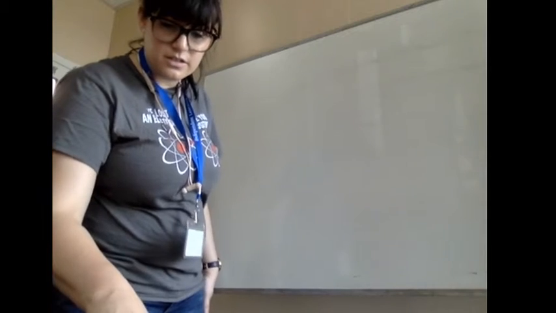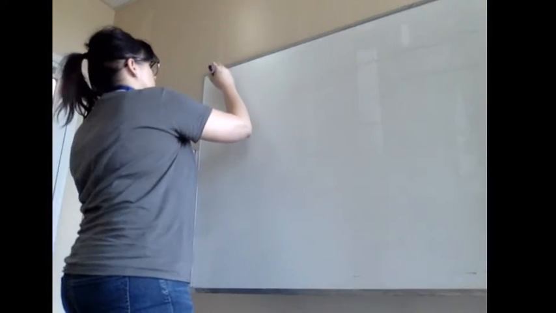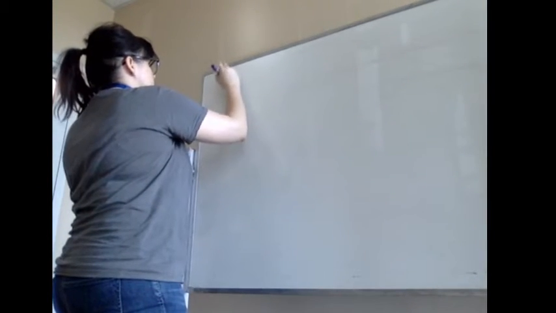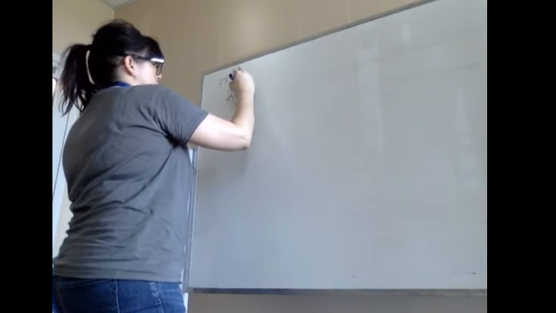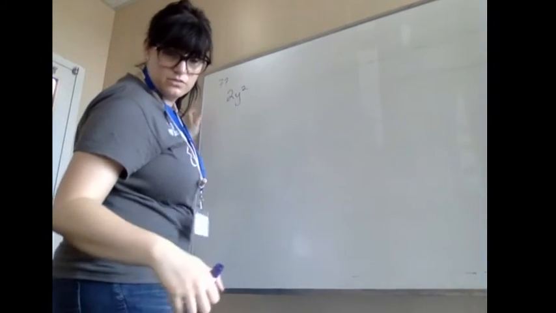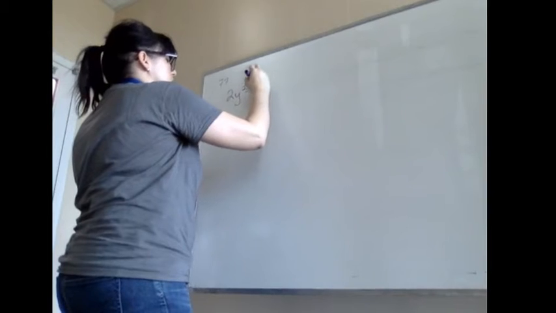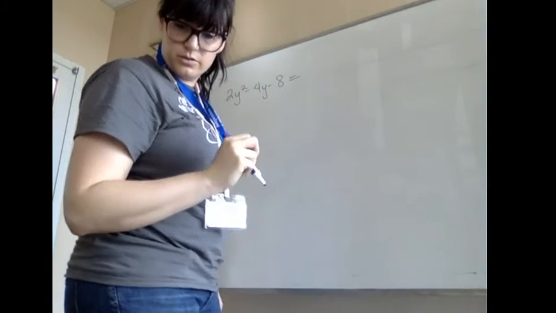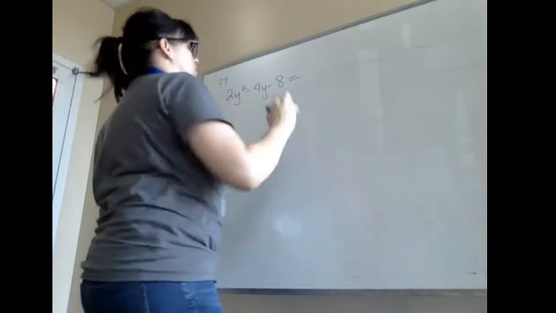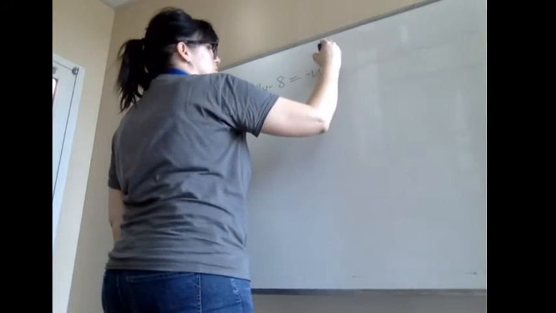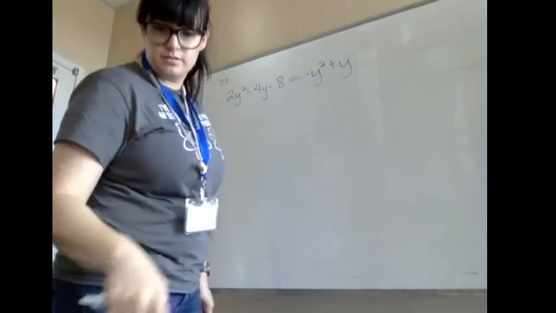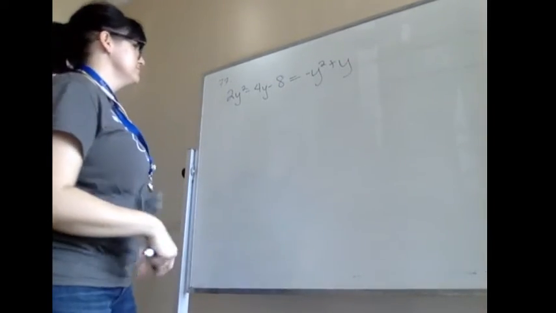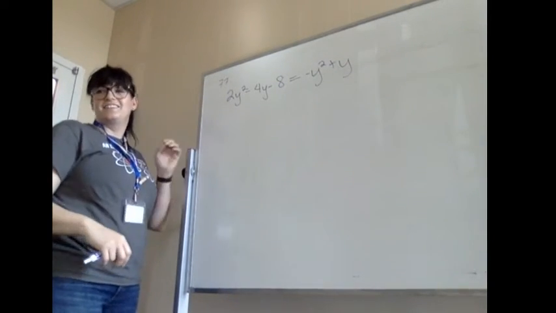Number 77. 2y squared minus 4y minus 8 equals negative y squared plus y. We got confused on these at first, and then I got them.